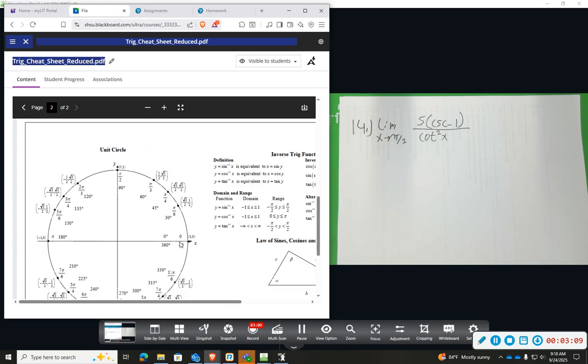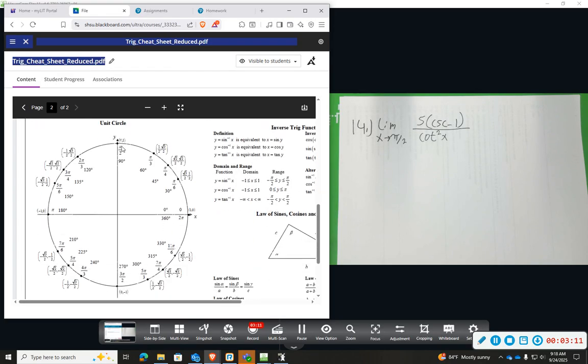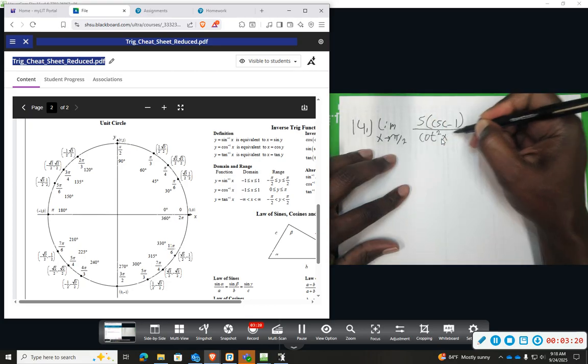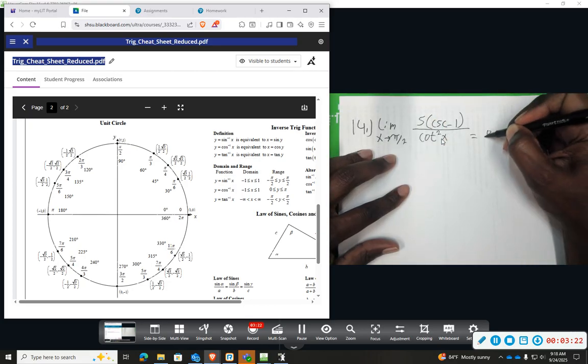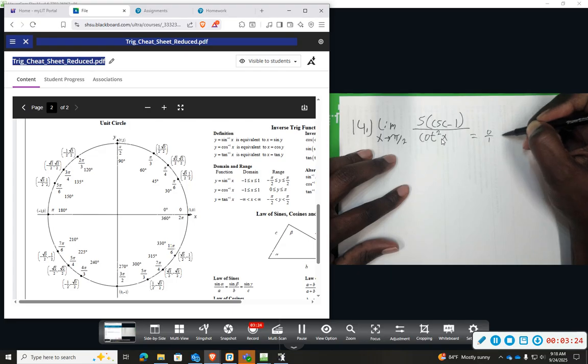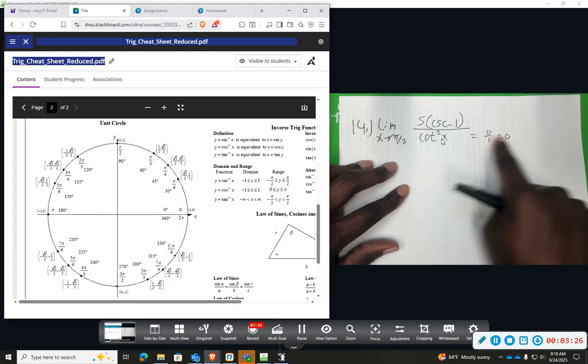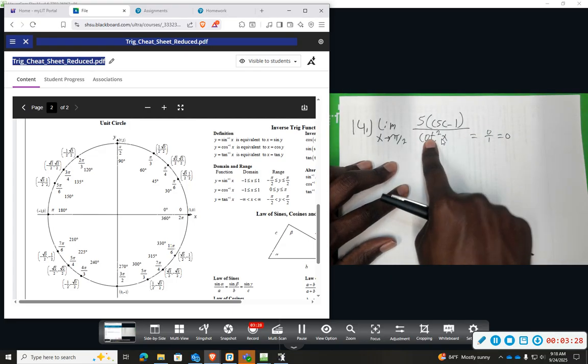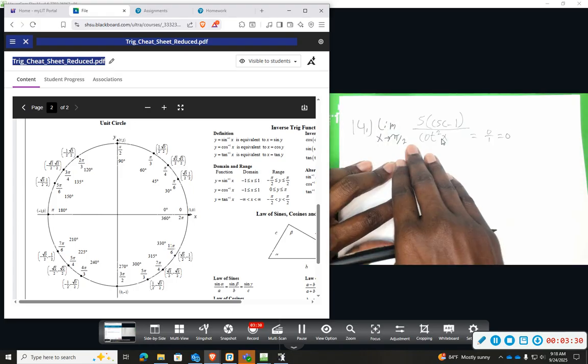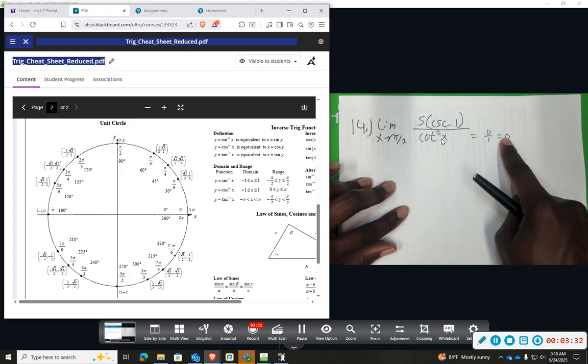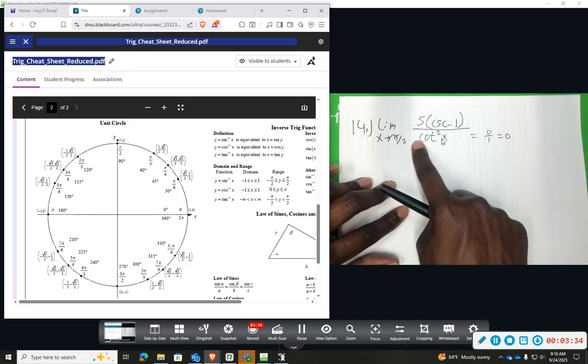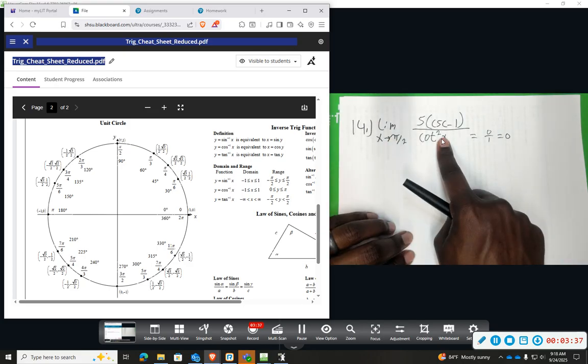At pi over 2, x is 0, y is 1, so you would end up with 0 divided by 1, which is 0, meaning the denominator would be equal to 0, which does not tell us anything. So we have to try a different method because direct substitution doesn't work.